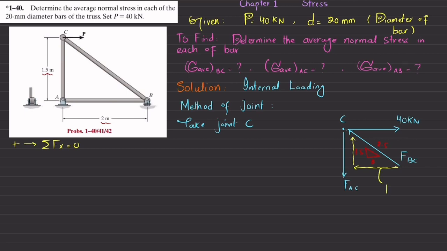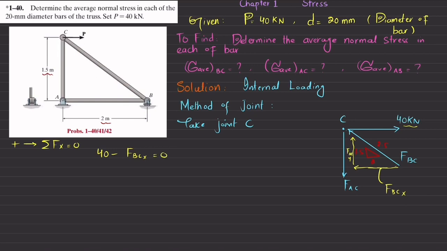This component will be the FBC x component and this component will be the FBC y component. So for the x component, I will write 40 kilonewton in the positive direction. So 40 minus the FBC x component will be equal to 0.